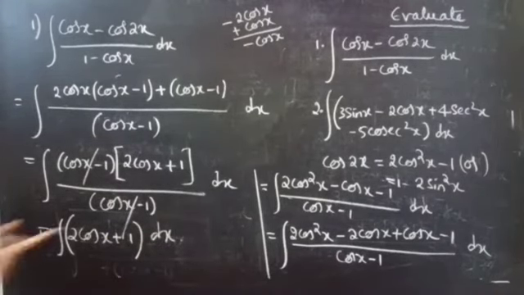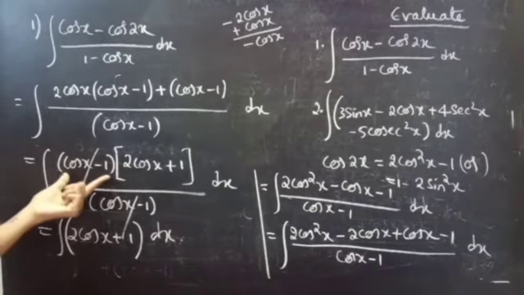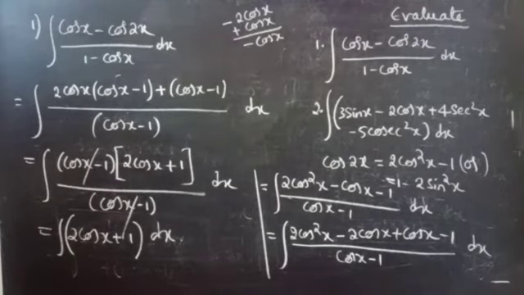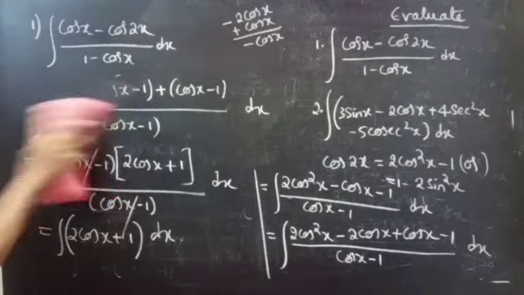So by cancelling the denominator and one part in the numerator, we have reduced the complexity of the problem. So now we can solve this easily, right?